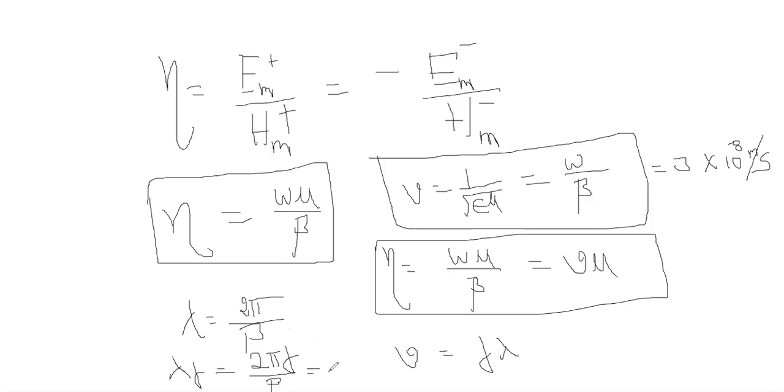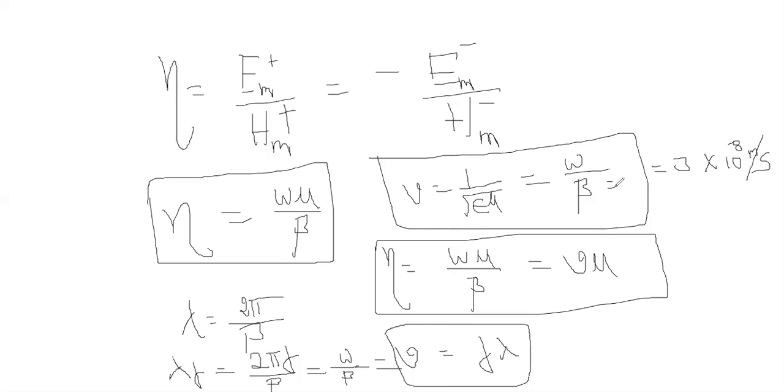What is omega by beta? It is the velocity V. So V is equal to f lambda. This is one of the equations.